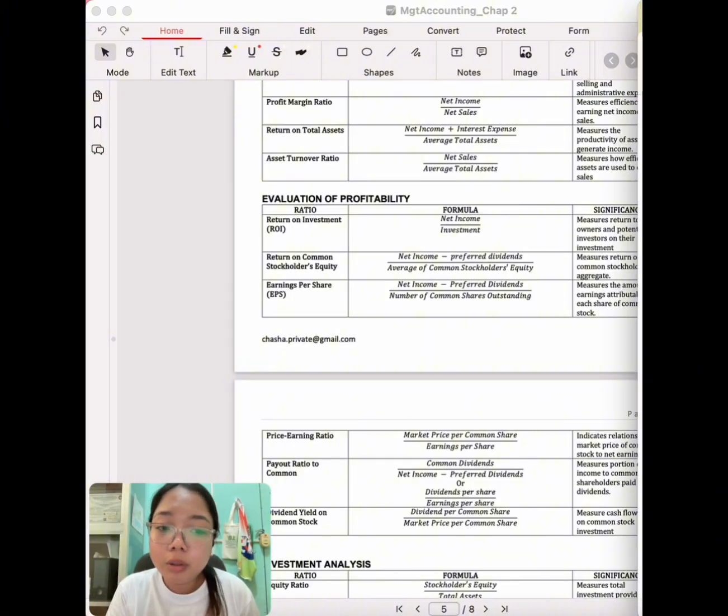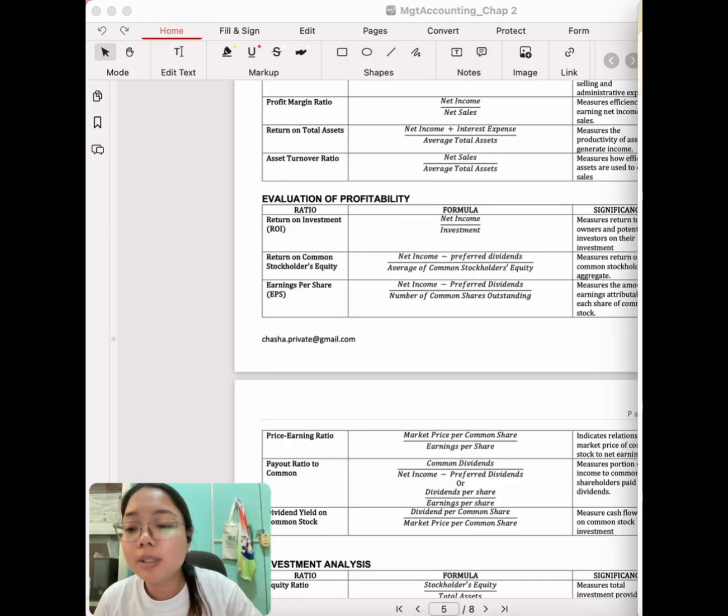Because we want to determine the income attributable to common shareholders. So the question becomes, what return are common shareholders earning on their investment? Magkano ba yung return na na-earn ng mga common shareholders doon sa investment nila? Okay? So, yun ang return on common stockholders' equity.